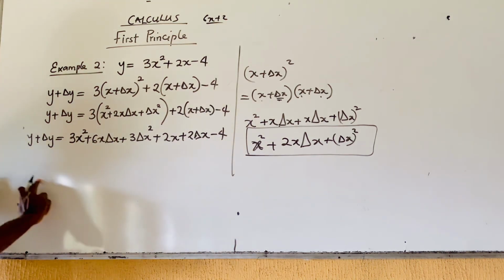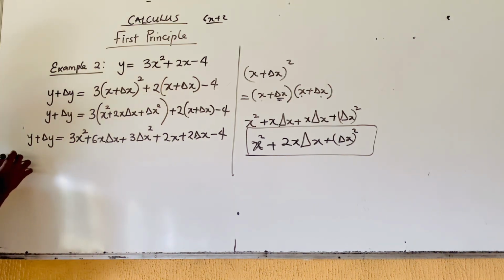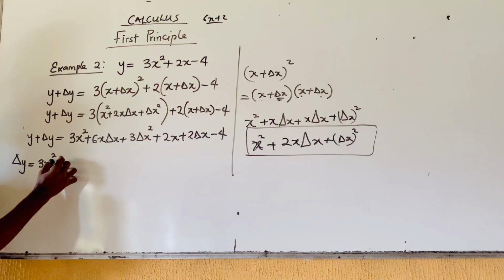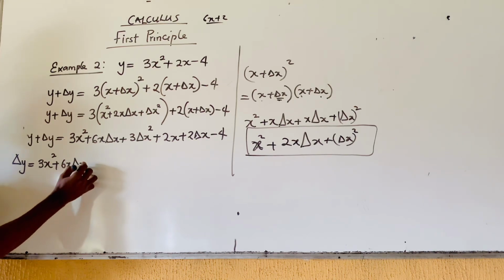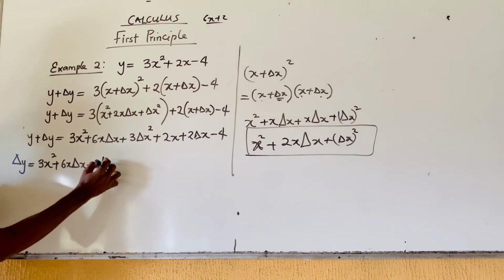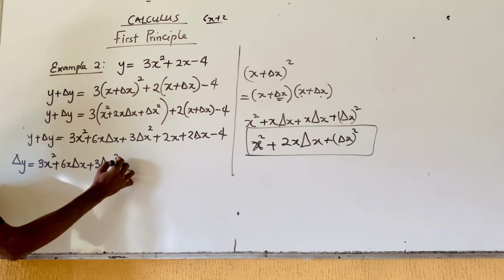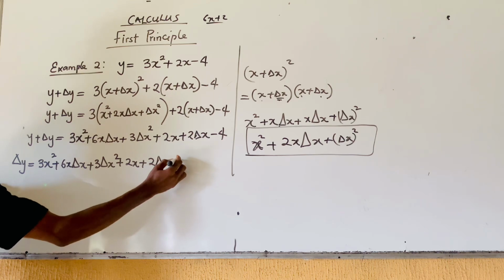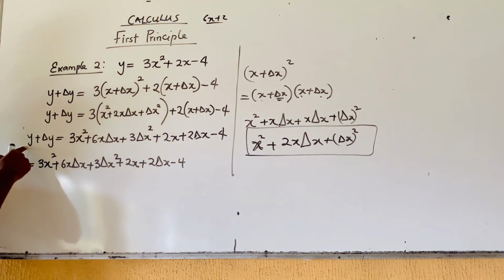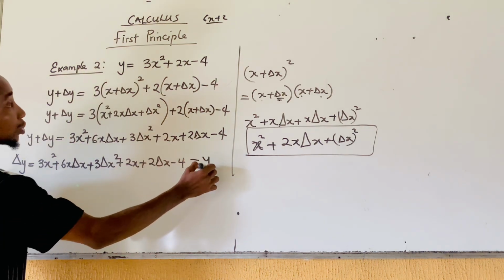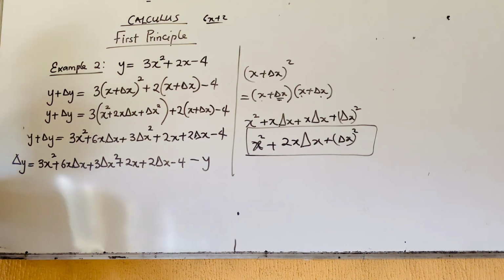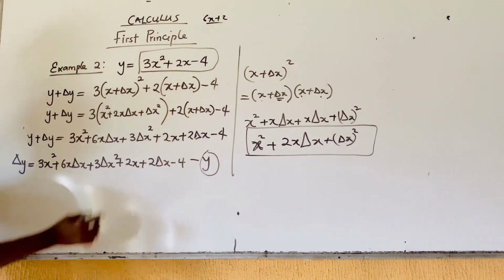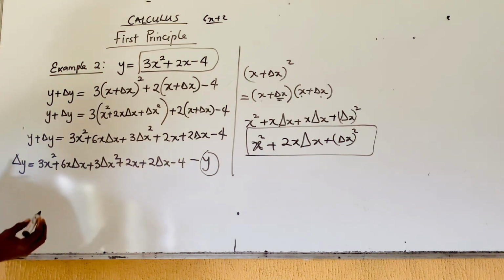So bring y to this side of the equation. So we have change in y equal 3x squared plus 6x change in x plus 3 change in x all squared plus 2x plus 2 change in x minus 4. If this y crosses to this side, becomes what? Minus y. Then remember to substitute the original value of y, which is what? 3x squared plus 2x minus 4.